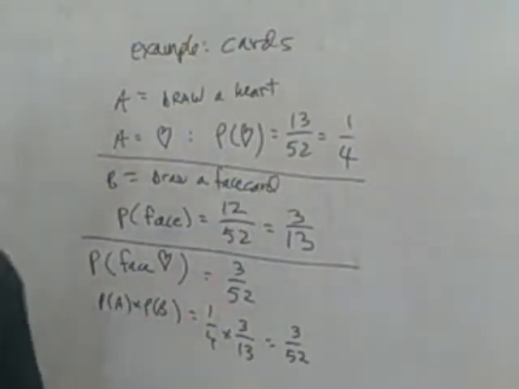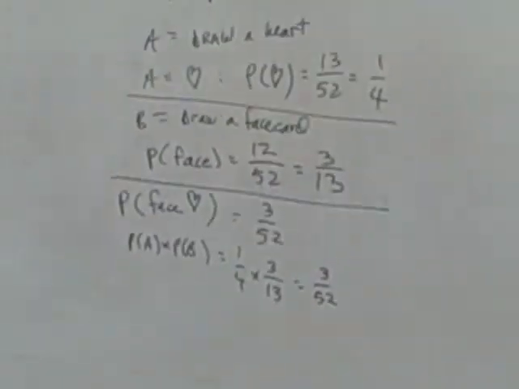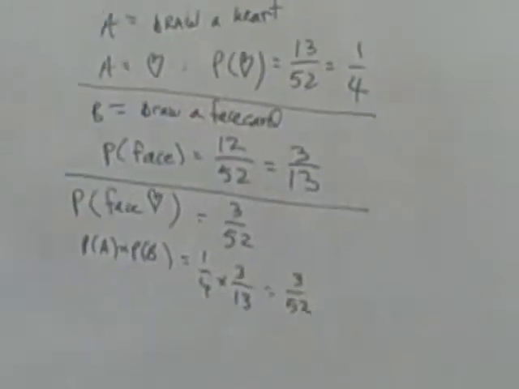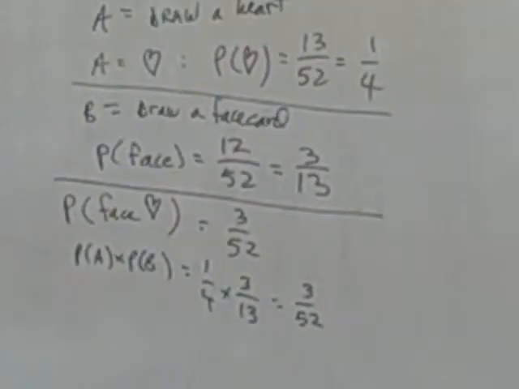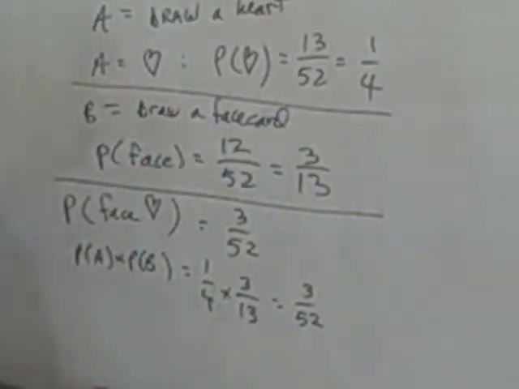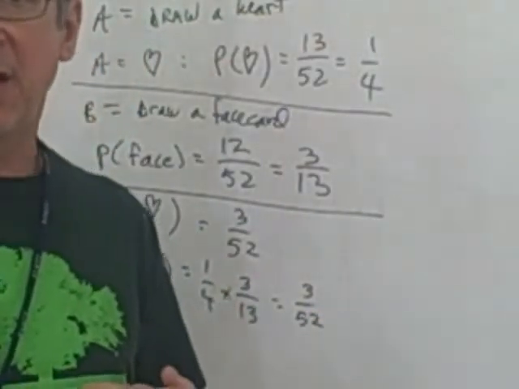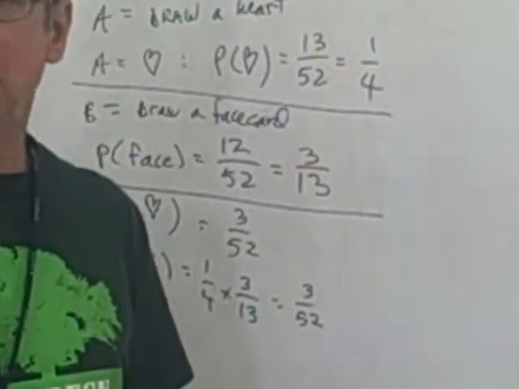And once again, you're supposed to see that it's useful to reduce fractions to lowest terms so that these things are clear. Let me tip it down a little bit so you can see that. Maybe zoom in a little. Okay, so these two are independent. Drawing a heart and drawing a face card are independent events. And going by the first thing too, if you know one event has occurred, the probability of the other isn't changed.